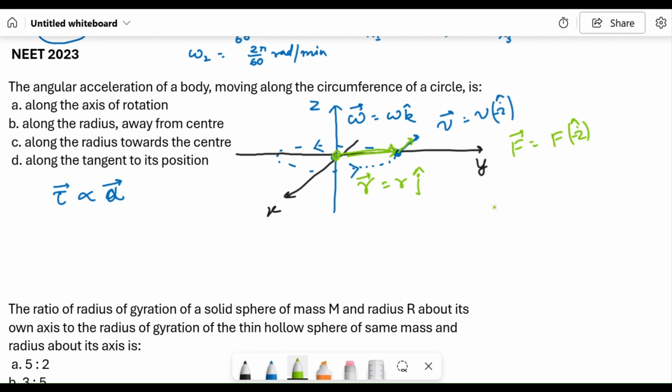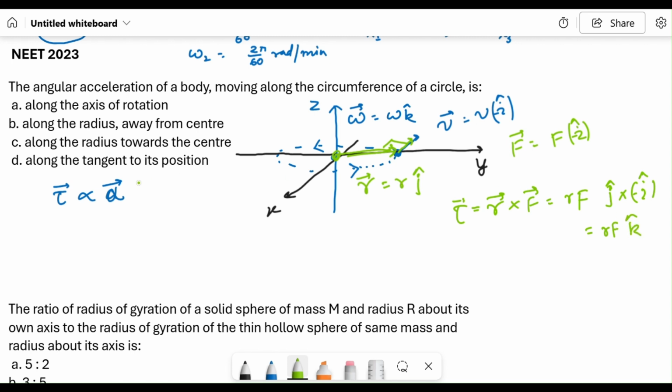So we can say r cross f, which is torque, will be rf, and this angle is 90 degrees, so we need not write sin 90 degrees as it will be 1 only. Further we have j cross minus i cap, which will give us rf k cap.